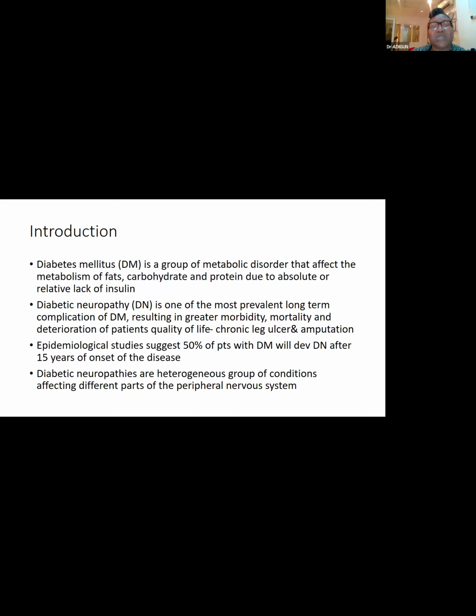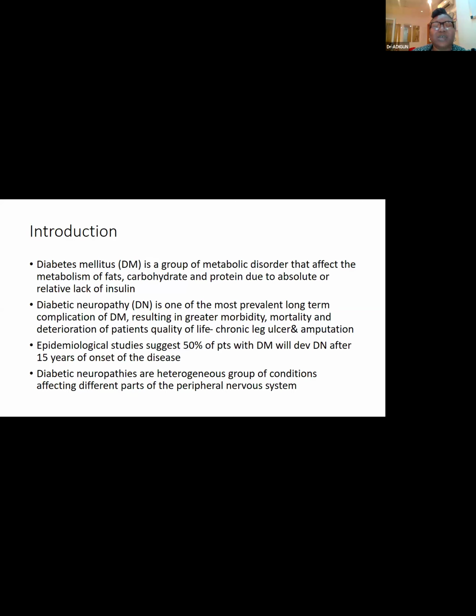Diabetic neuropathy is one of the most prevalent long-term complications of diabetes mellitus, resulting in greater morbidity, mortality, deterioration of patients' quality of life, and is one of the causes of non-traumatic amputation in our environment, causing chronic leg ulcers and amputation.